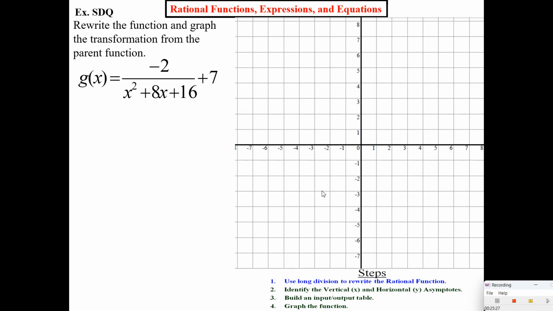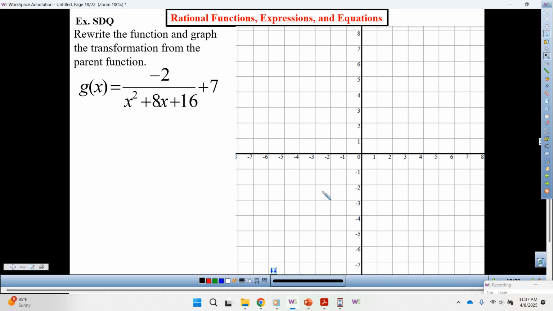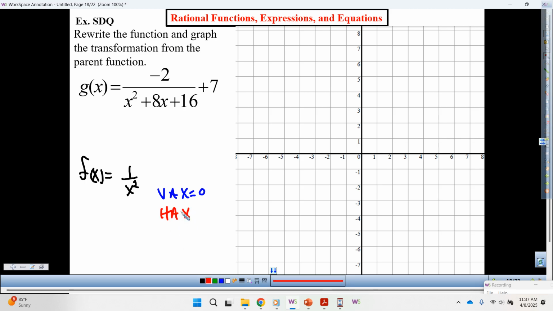All right. So, let's begin. Y'all ready? Look at the denominator. Does it have a square on the denominator? So therefore, my parent function is f of x equals 1 over x squared. Is that correct? So the first process is the same. So our VA is x equals 0. Our HA is f of x equals 0.